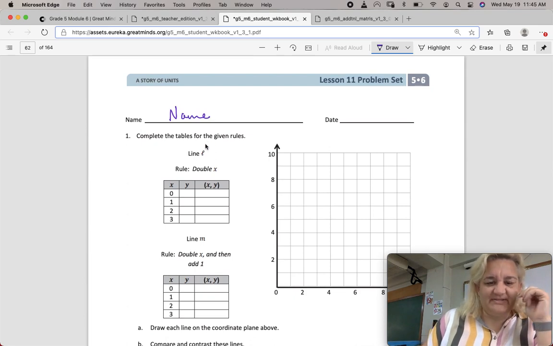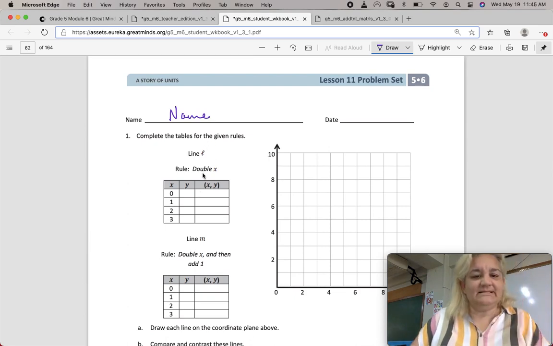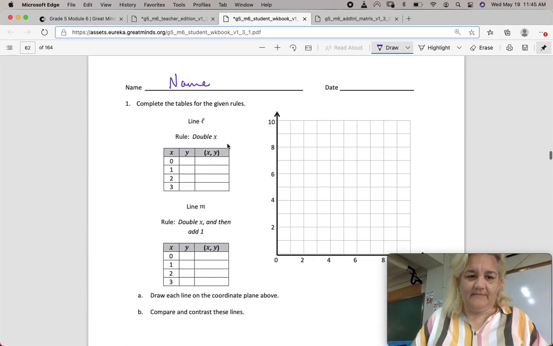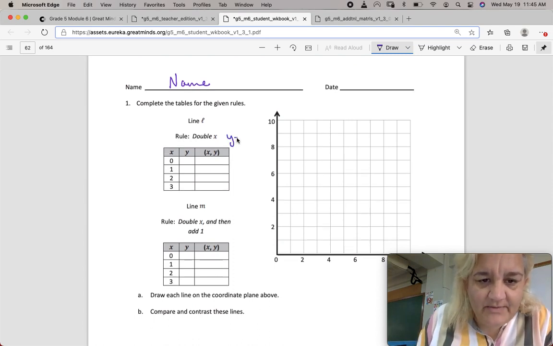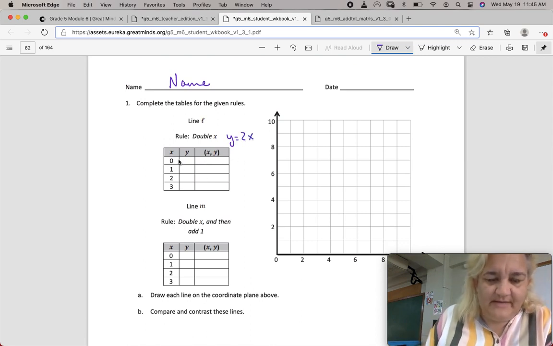Okay, complete the tables for the given rules. Double x, okay? Double x. So that means y equals 2 times x, because we're doubling x to get y. So 0 times 2 is still 0. This is multiplication.